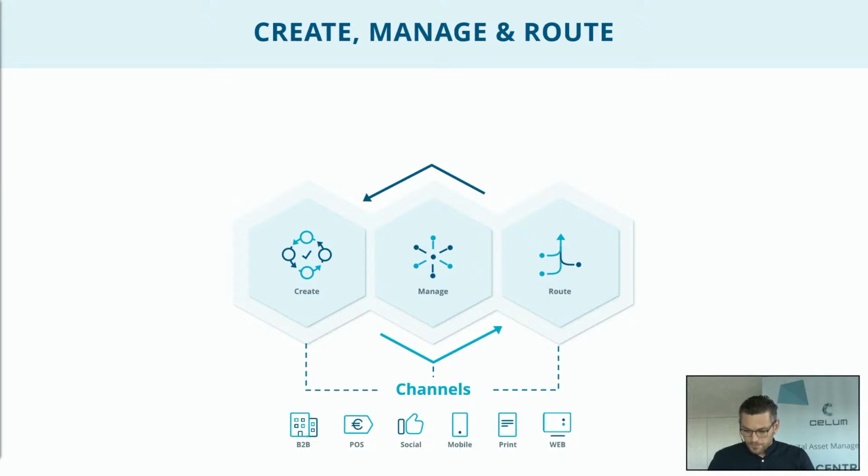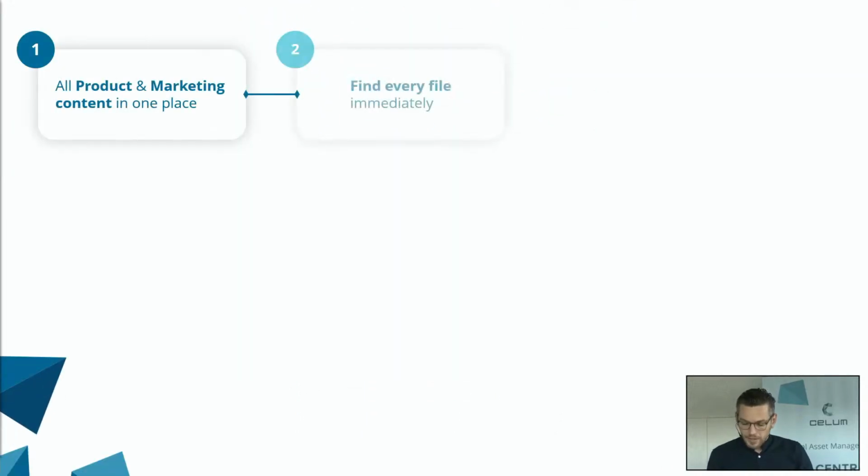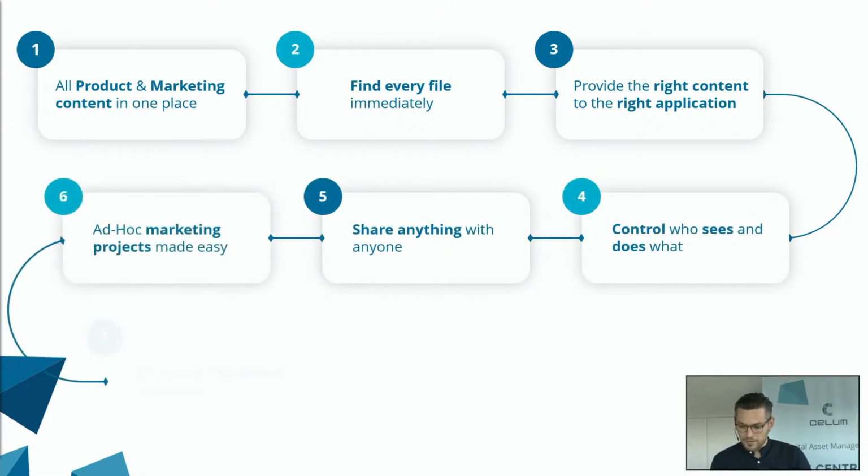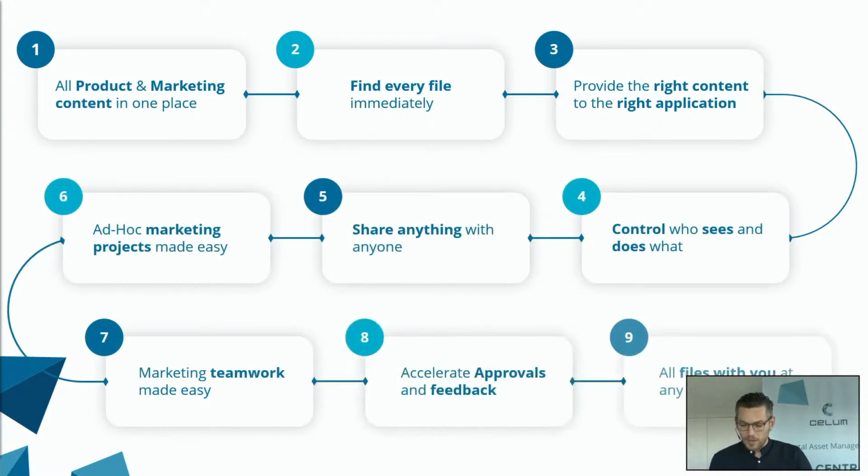So you can see in this slide that it's for different use cases, in different steps, and these are maybe the nine most important steps. It's the content lifecycle, that you have all your content, whether product content or marketing content, in one central place. So the single source of truth is the right terminology here. It's about finding every file immediately without any time waste.